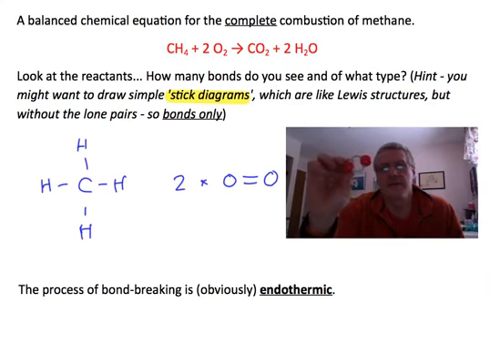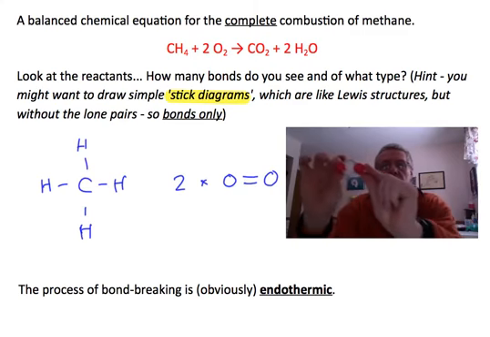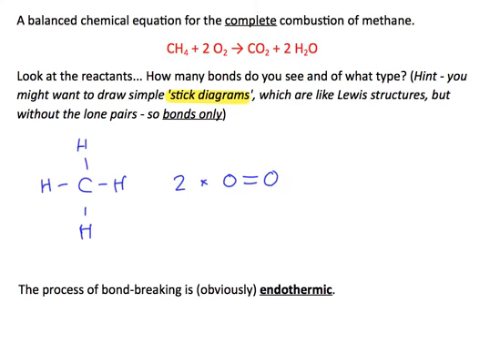There's my oxygen with the O double bond O. And so what I actually have then, in terms of bonds, is 4 times my carbon hydrogen bond, 1, 2, 3, 4. I have to break all of those bonds. And I have 2 times my oxygen double bond because I have 2 moles of it.